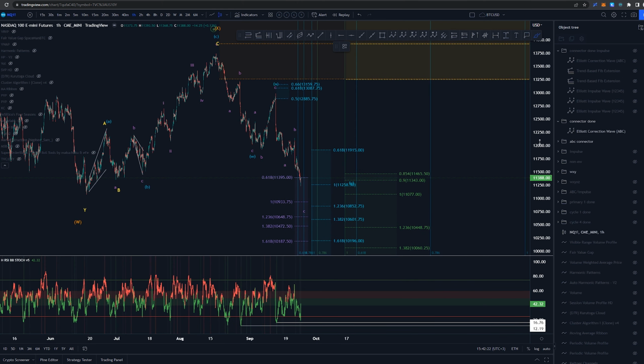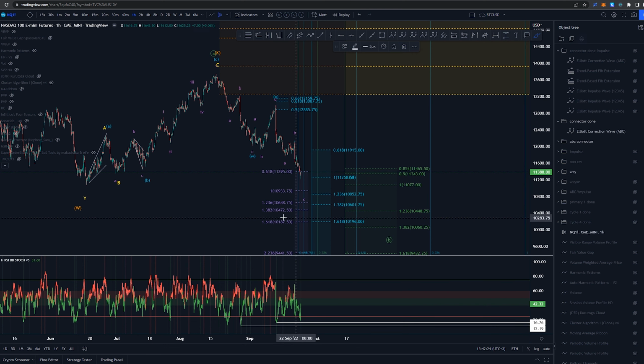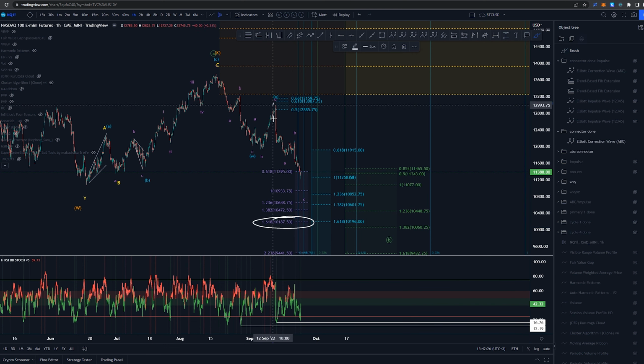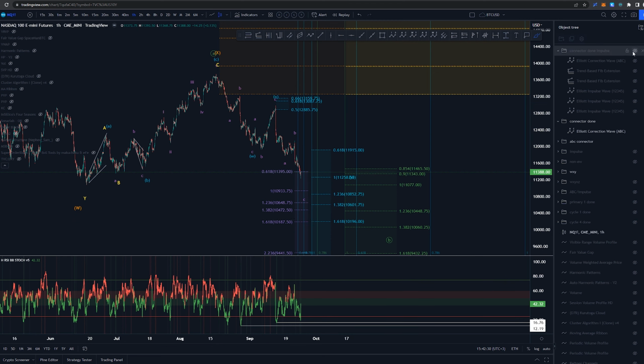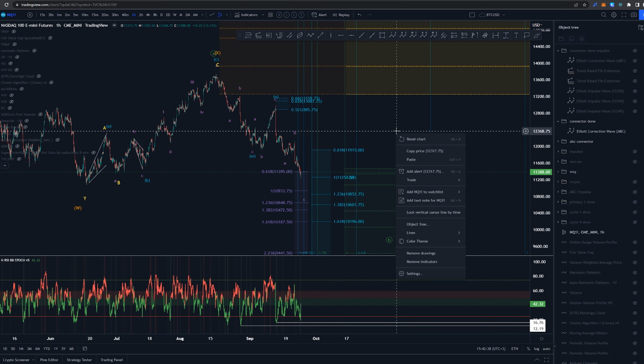Definitely don't really want to see this going beyond the 1.618 here for this ABC. If we are, then we are going to be looking more towards that impulsive structure that I was talking about. But up to that point, I feel like this WXY count downwards would be fitting very well into this idea.